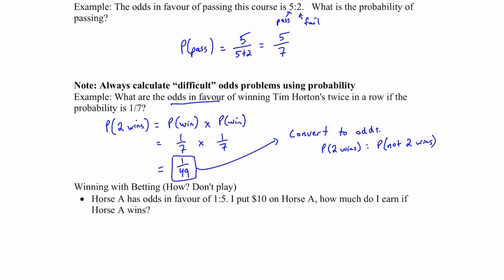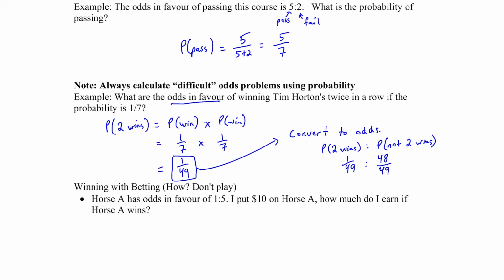And notice that that would include having 1 win only or no wins. So that would have more than just one option in there. So the probability that you have 2 wins is 1 over 49. And we know that everything that is not 2 wins would be 48 over 49, because that was every other option.